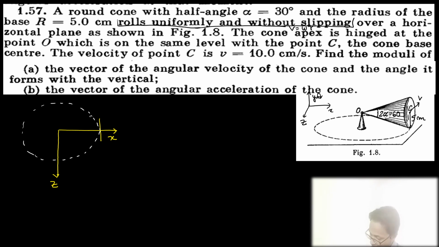So the angular velocity of this wheel is given by v equals omega r. So we can easily say v is equal to omega into r, or omega is equal to v by r.